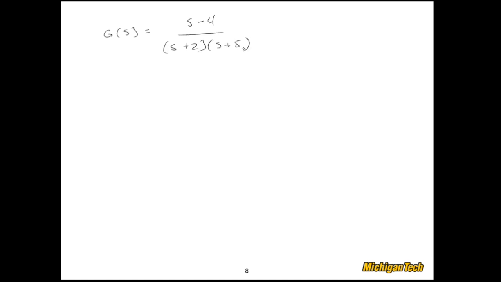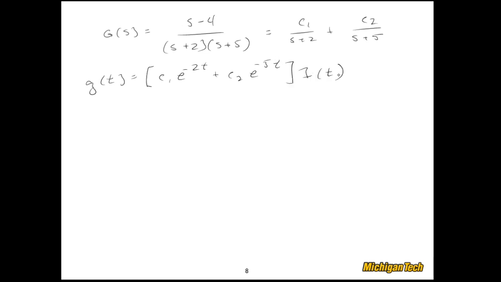So let's say we had that g of s. So to attack this, I go c1 over s plus 2. I do the breakup business. And I write out my answer. c1 e to the negative 2t plus c2 e to the negative 5t times the unit step. Again, just a little reminder.